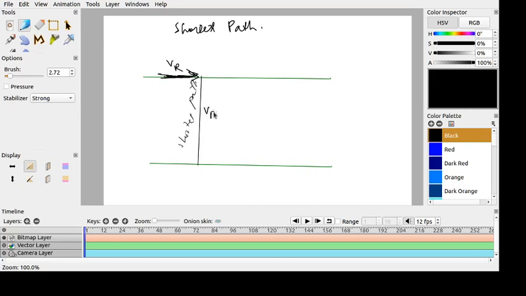This is the actual velocity of the boat, and therefore this is going to be the velocity of the boat with respect to river, which is the velocity of the boat in still water. So nicely you can see that for shortest path, the actual velocity of the boat is less than the velocity of the boat in still water. It's a very important concept. Don't forget this diagram. This diagram is also very important here.